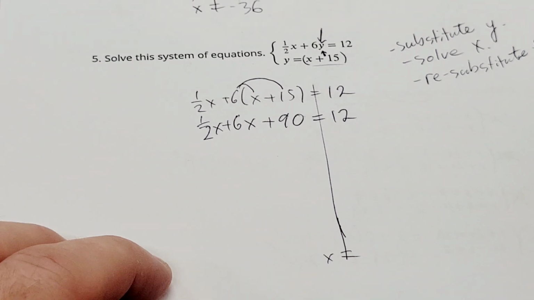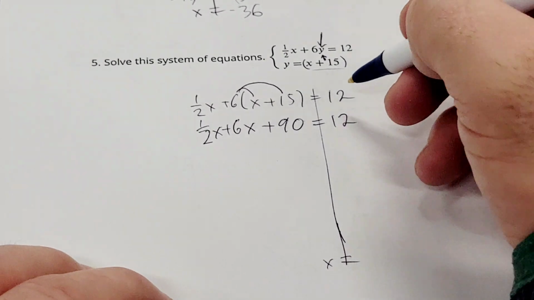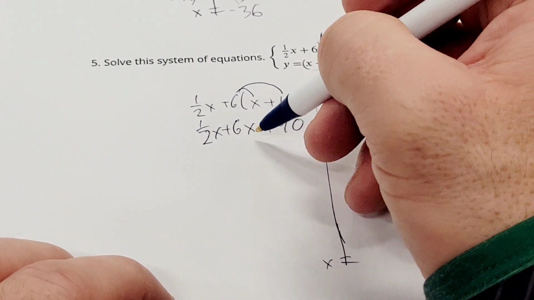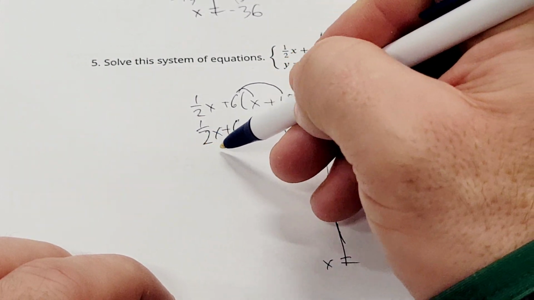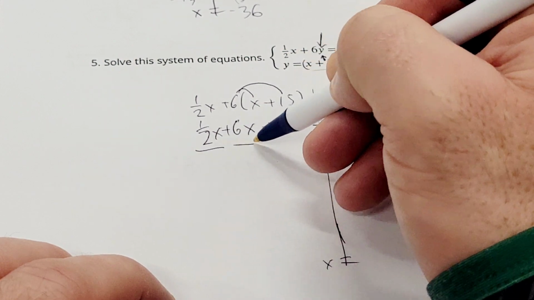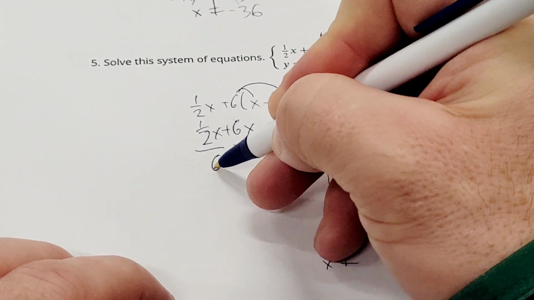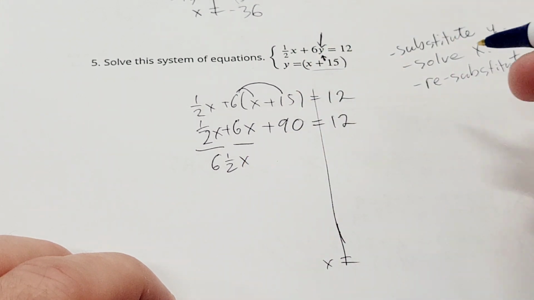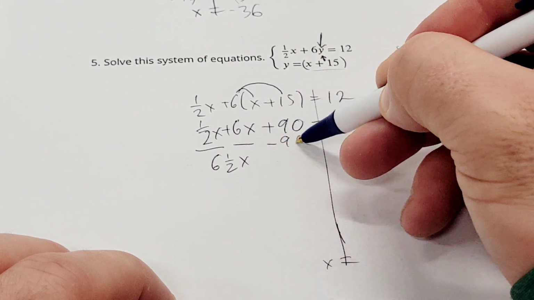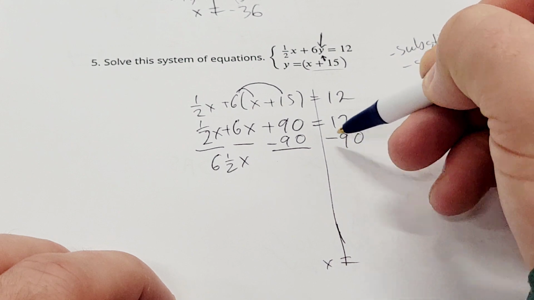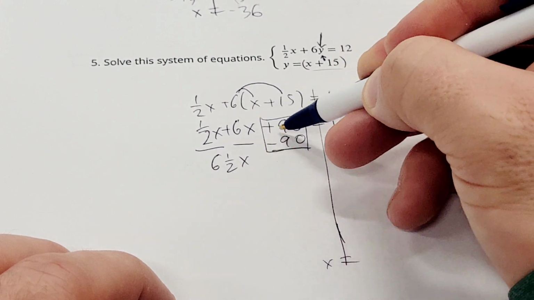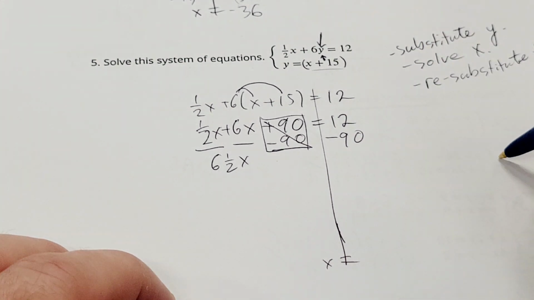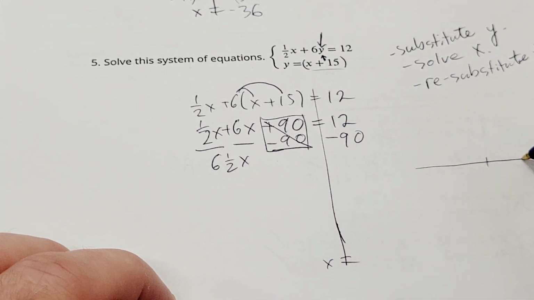Okay, so I want to start canceling things out, and I also have some like terms to combine. So I have a half x plus 6x, so I can make that 6.5x if I'd like. Okay, I can subtract 90 off both sides because I want this 90 to be gone. Okay, 12 minus 90, again, simple number line thinking here.